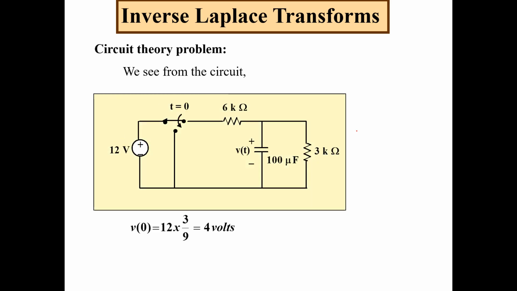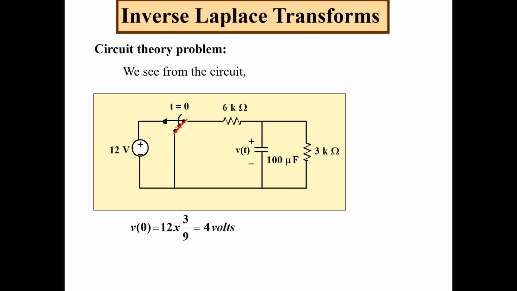And then we see from the circuit that we have to use the voltage divider here. Because when t is larger than 0, the switch is on like this one, so the battery isn't connected to the circuit. So we use the voltage divider to find the voltage when t is equal to 0.